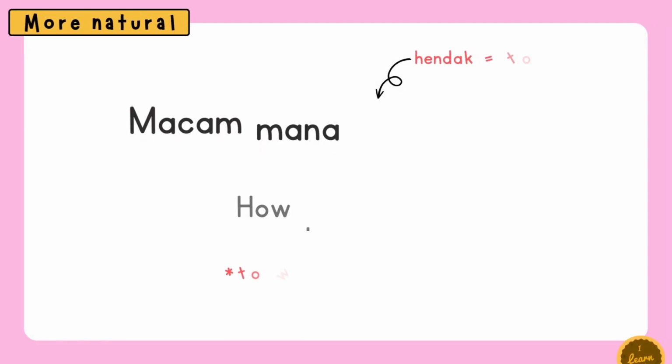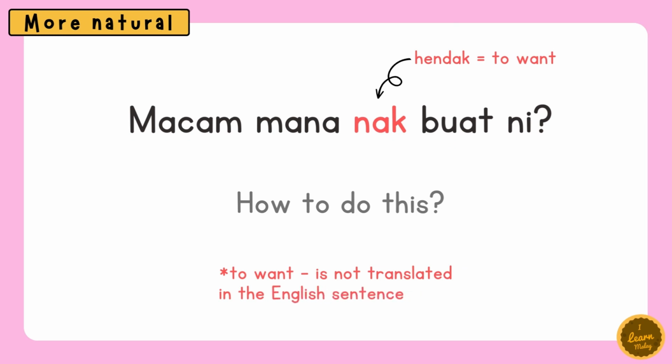The more natural way of saying this is by adding the word nak after the word macam mana. For example, macam mana nak buat ni? How to do this? Nak or hendak means to want, but it is not translated in the English sentence.